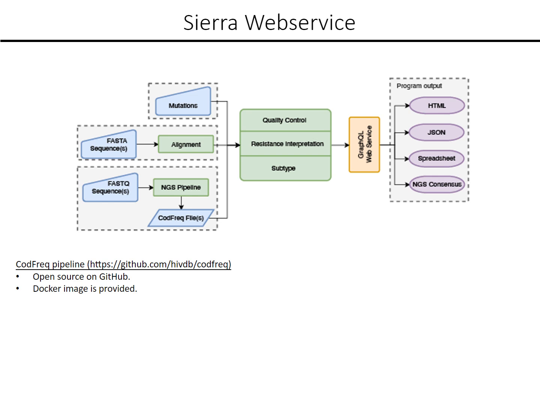The code is available as a Docker image so that it can be run locally also on the user's computer. All of the output is delivered to the user using a GraphQL web service, which we use to generate the output on our website in a variety of different formats.